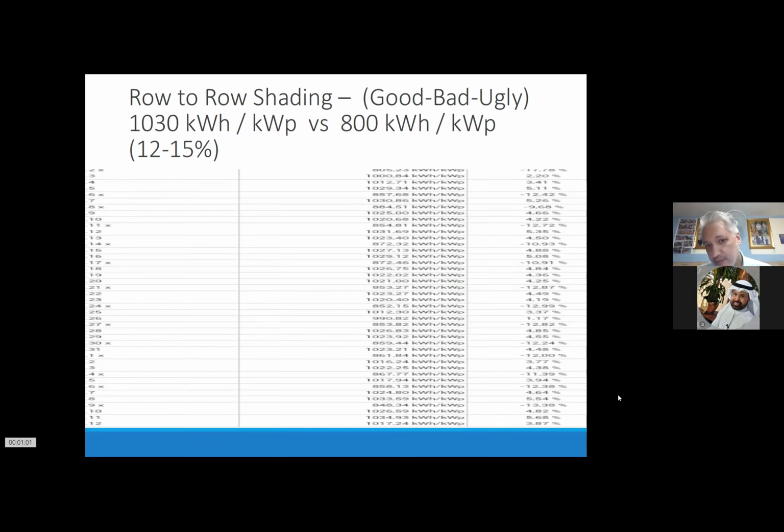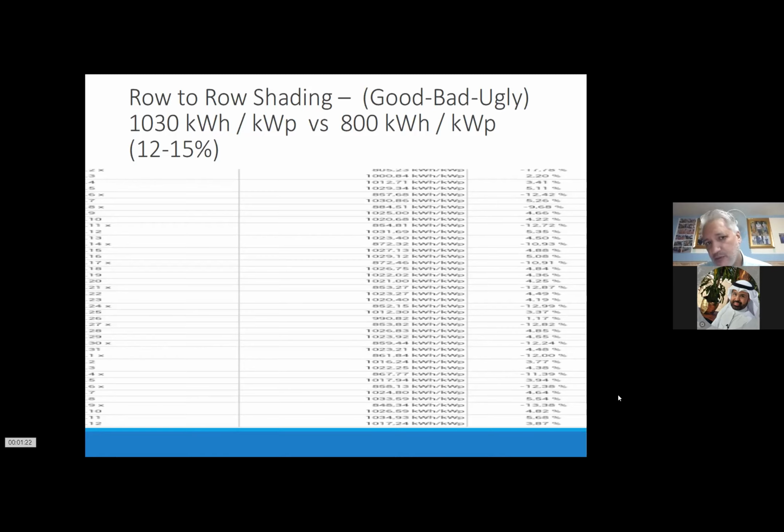And also once we did that, then the numbers climbed from 1,030 to actually 1,100 kilowatt hours. And the 800, 850 went up to 950. So although they are shaded, you have the same circumstances, it can control the mismatch much better.